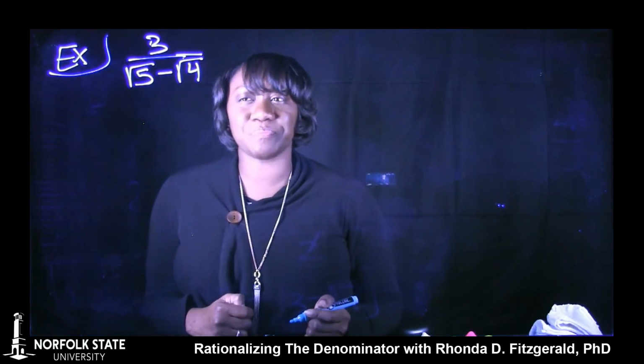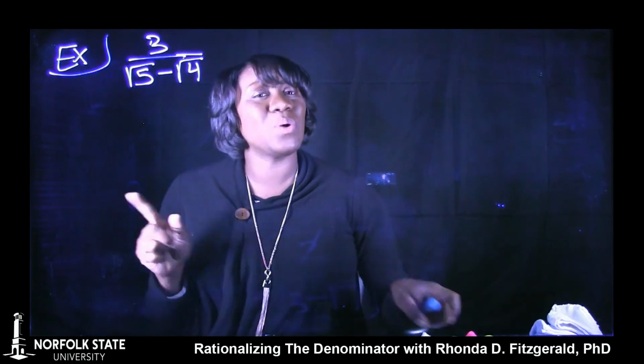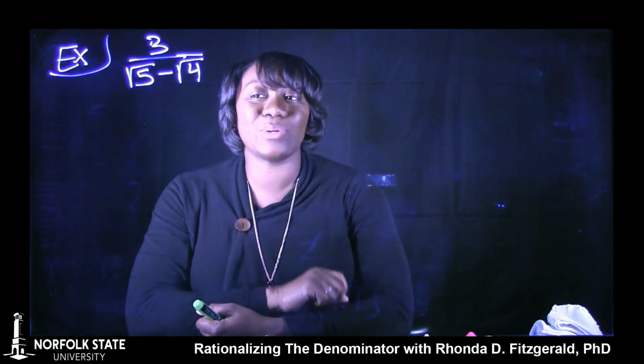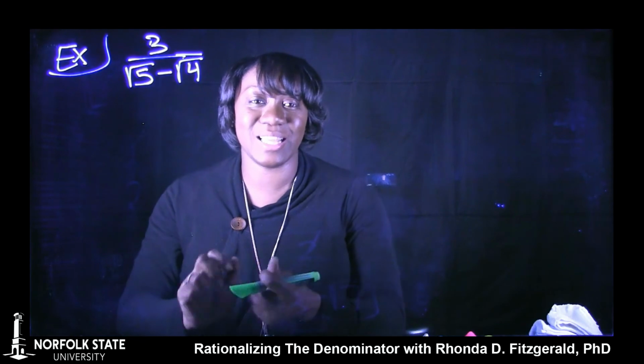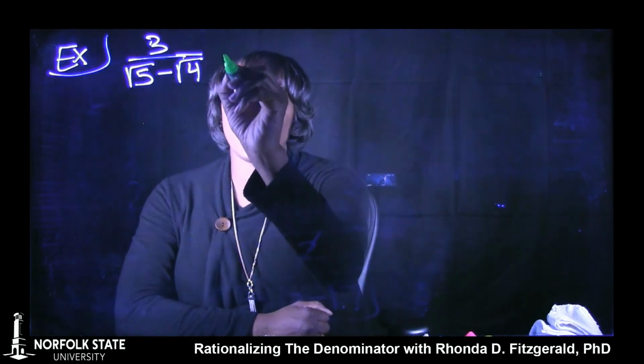Let's look at that. So once again, what's different about this? In this particular problem, I actually have 2 different square roots, but that's okay. We notice that we have a plus or a minus there, so we know that we have to use the strategy of multiplying by conjugates in this situation as well. So what is the conjugate of the square root of 5 minus the square root of 4?